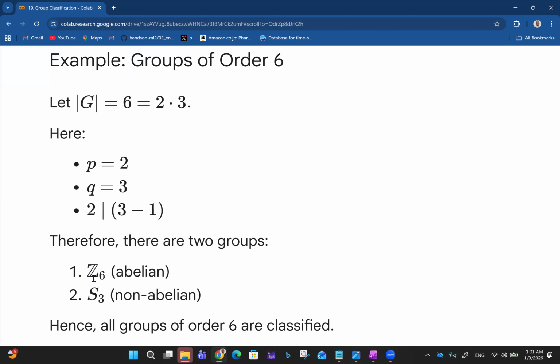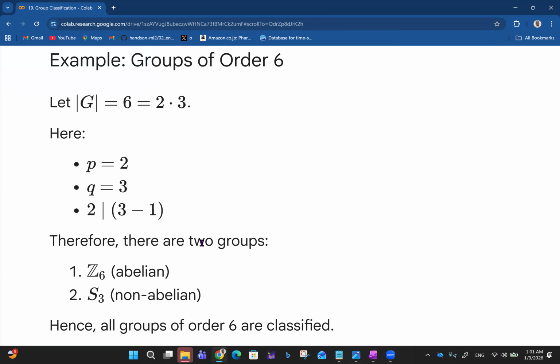The two groups will be Z_(2·3), that's Z6, which is abelian. Meaning that any two elements you pick from Z6, if you add them together, you get a result inside the group, and in whatever order you pick you get the same thing.